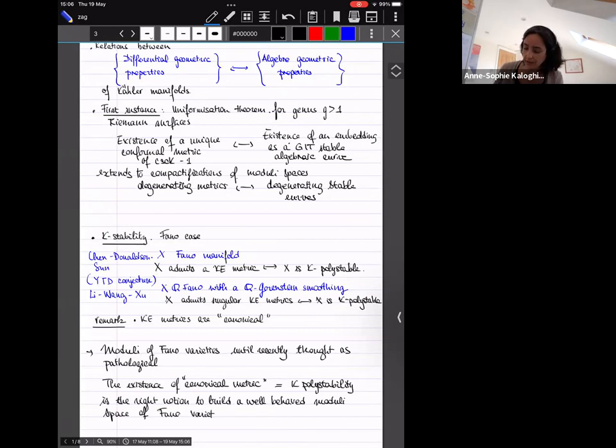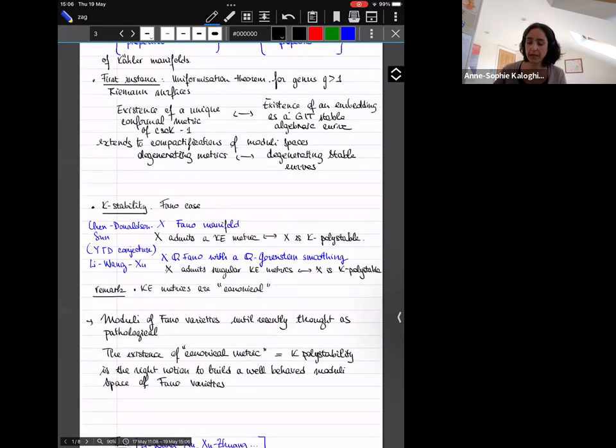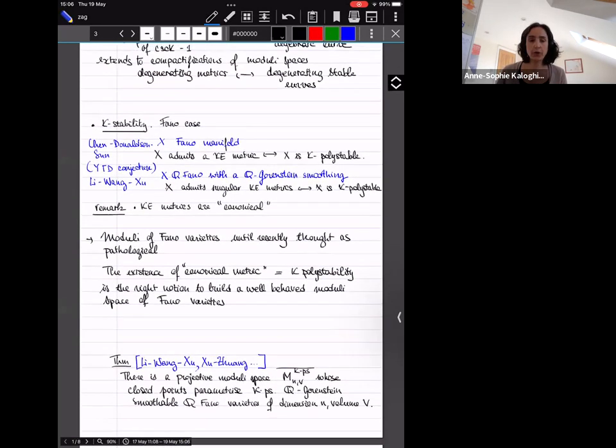And so here, this result is really based on the work of many people and on a number of papers. I hope I won't offend anyone by just quoting those two papers, Li-Wang-Xu and Xu-Zhuang. But this is based on a lot of work that has been going on in the past few years.